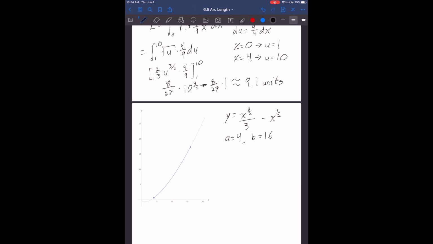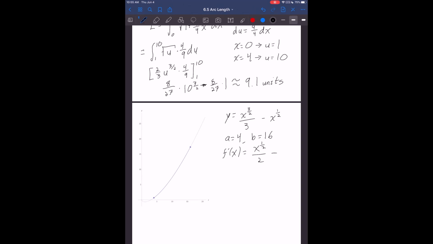So first step, we need to figure out the derivative in order to plug it into our formula. So f prime of x, derivative of x to the 3/2 is going to be 3/2 x to the 1/2. So this is going to leave us x to the 1/2 over 2 after the 3's cancel.